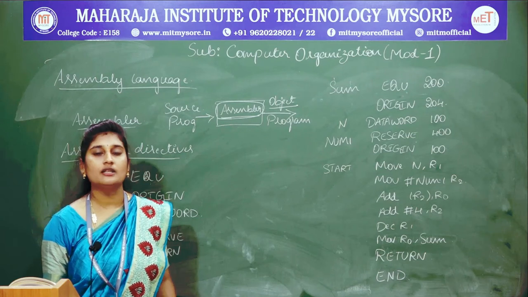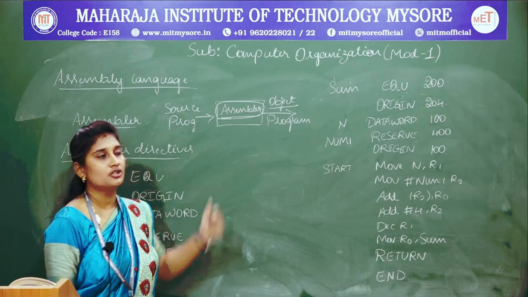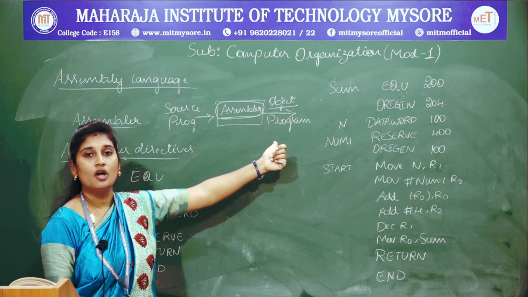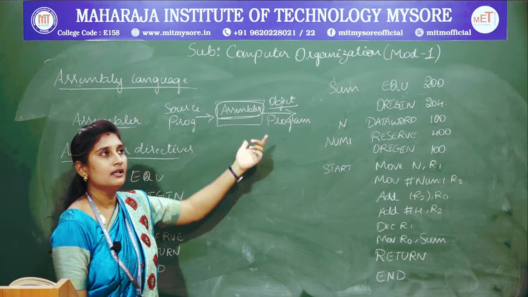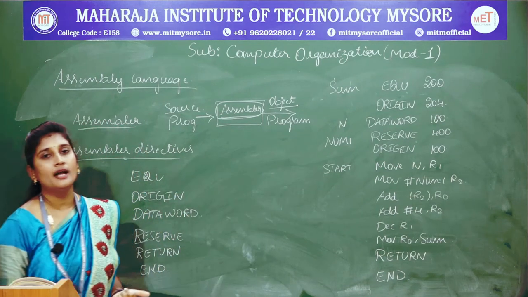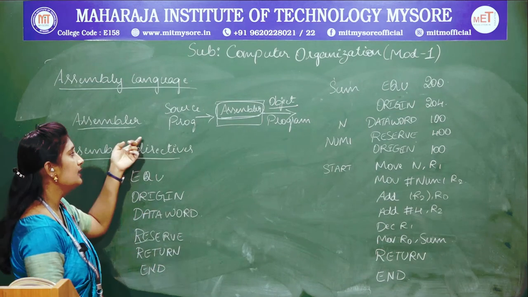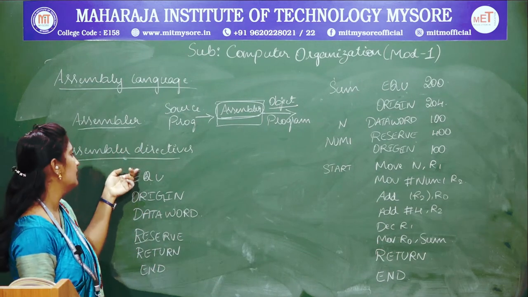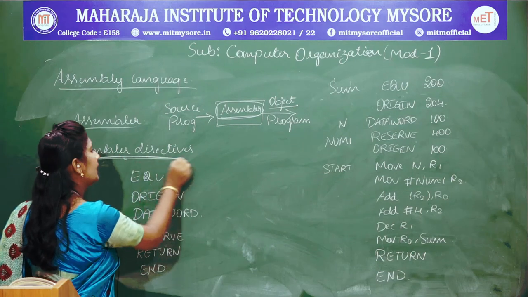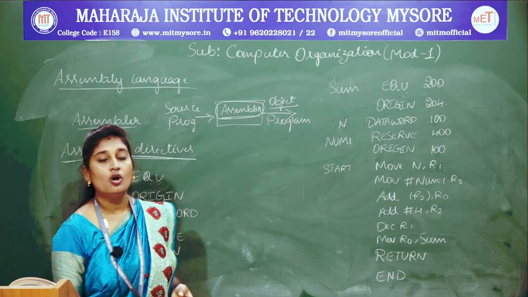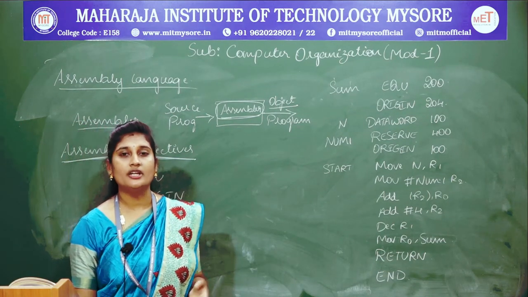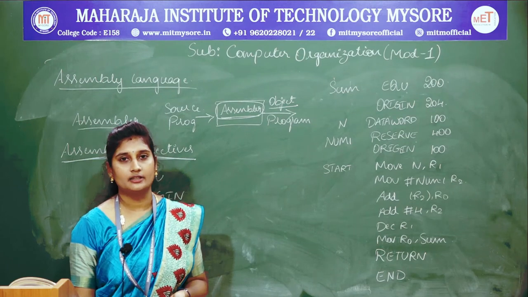So this assembler is responsible for the conversion of source program into an object program, and there are certain commands in your assemblers. Those commands will be called assembler directives. So what is the operation of these assembler directives?